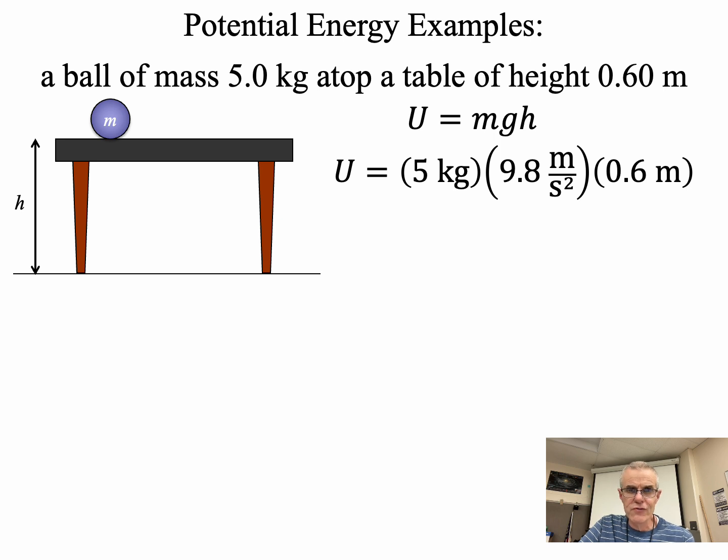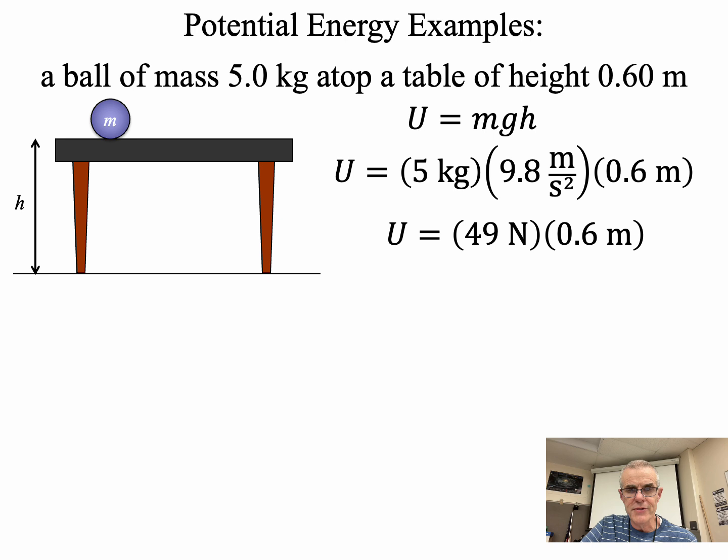Plug in the values. For the first example, I want to include the units just to kind of stress what's going on. And this one you should be able to make sense out of. So if energy is the ability to do work, work involves force acting over a distance, it's in the formula. When we multiply m times g, we get the weight or the force of gravity, 49 newtons.